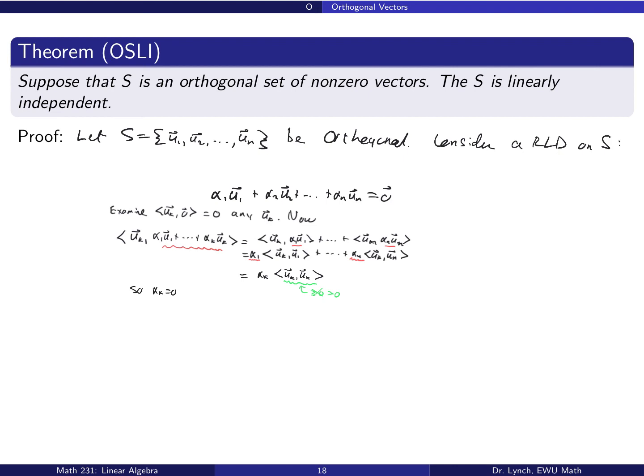And you could do this for all these k's, and all of the alpha k's are 0, and that is a trivial relation of linear dependence. So the only relation of linear dependence is trivial. Any orthogonal set of non-zero vectors is always linearly independent. This is really important and useful, as we'll see later.